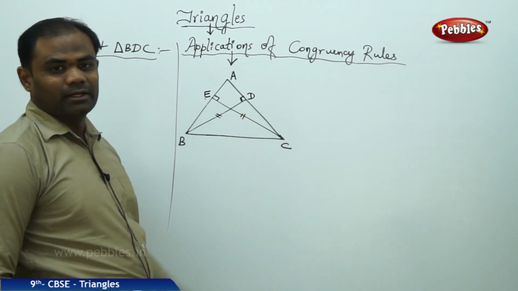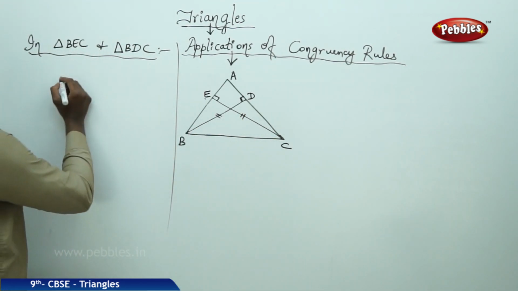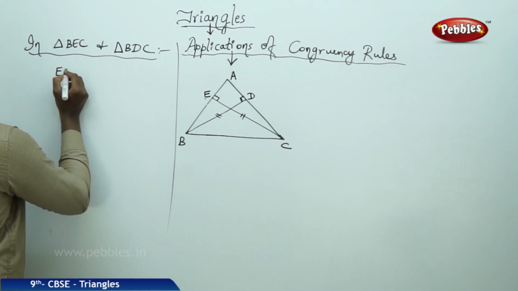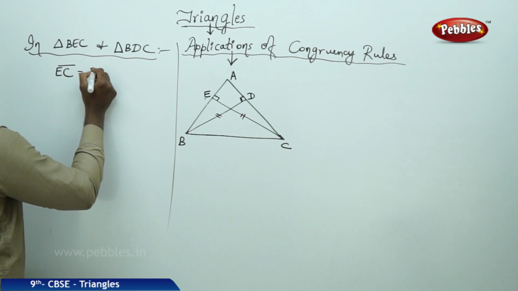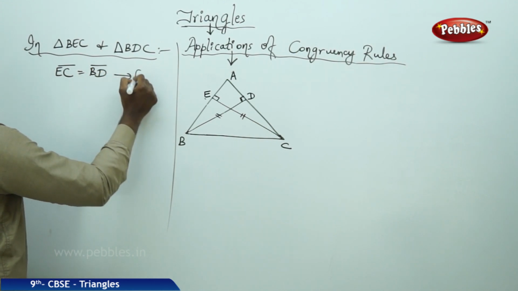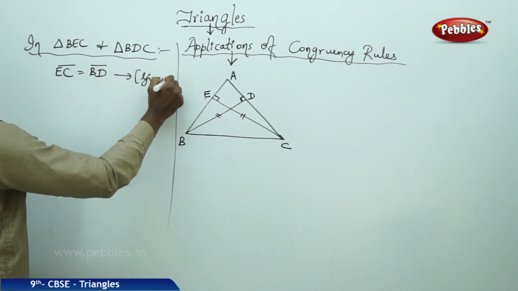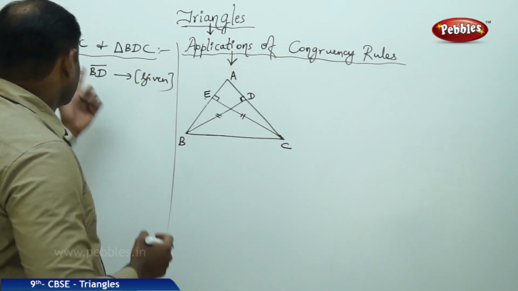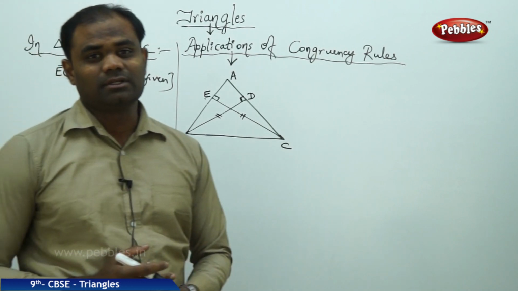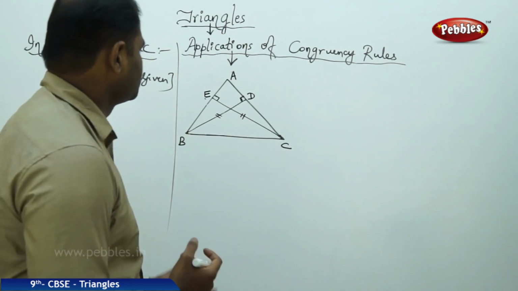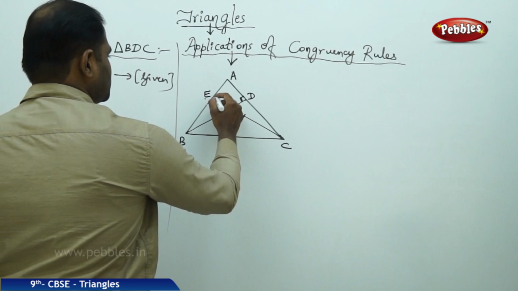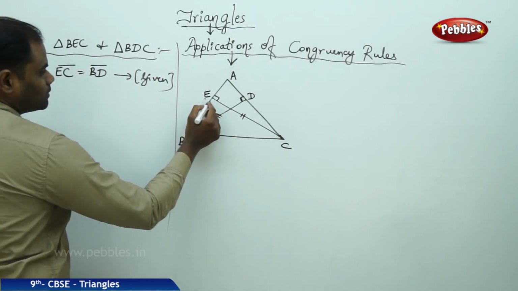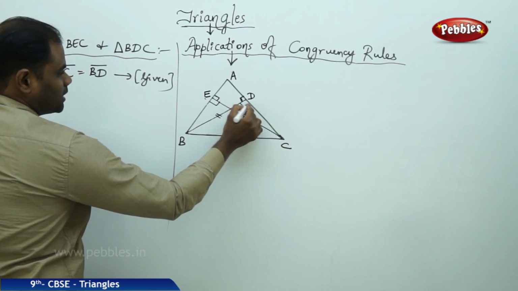In these two triangles, clearly I have BD equals EC, or EC is equal to BD, since it is given that the altitudes are equal. So the two sides of the two triangles, triangle BEC and triangle BDC, must be equal. Next, I have this to be 90 degrees. Therefore, the other side also must be 90.